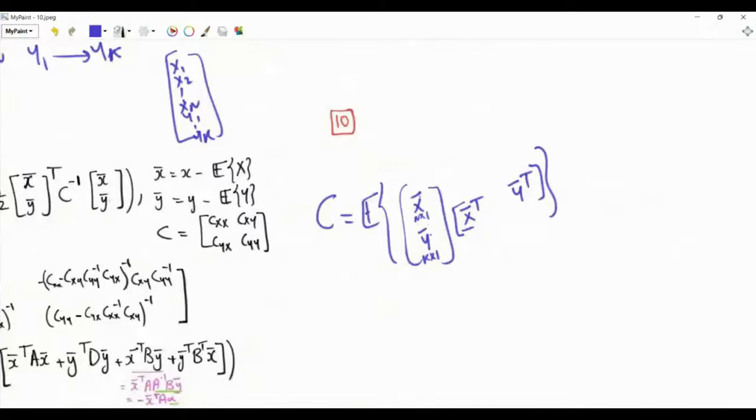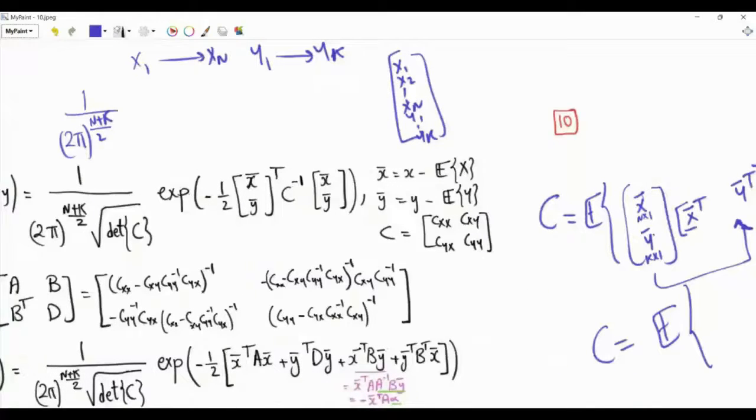To compute it, we stack vector x over vector y to have an n plus k random vector with n plus k jointly Gaussian random variables, and then we find the outer product. Of course, from each of the x's and y's, we need to subtract the mean. And this will be C that is used in the expression here. So it is an inverse in the exponent, and then we need to compute its determinant in the denominator.